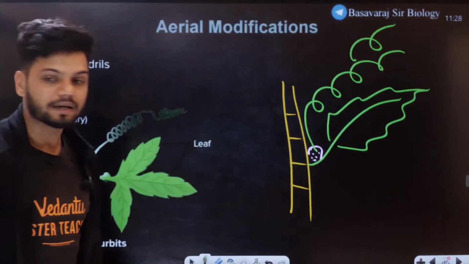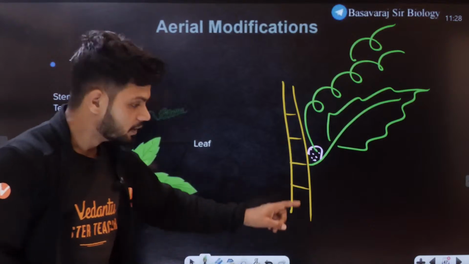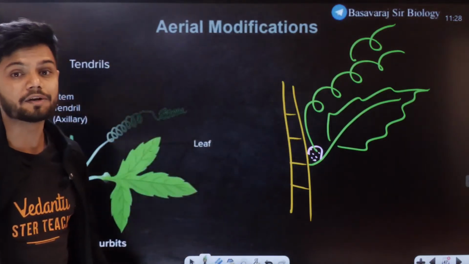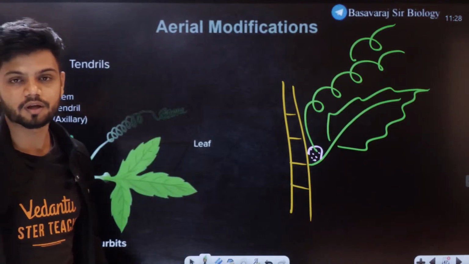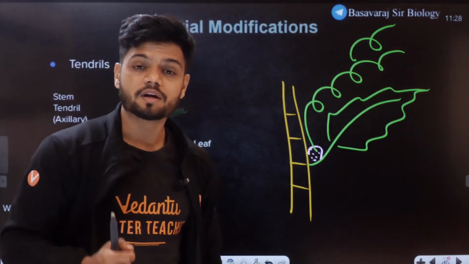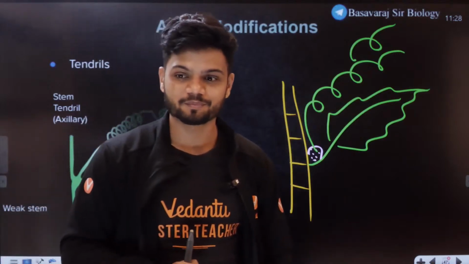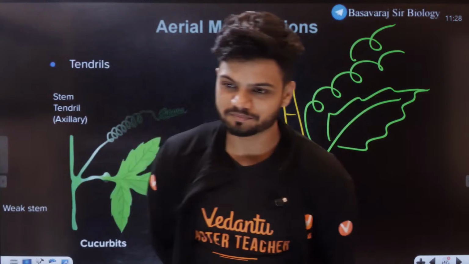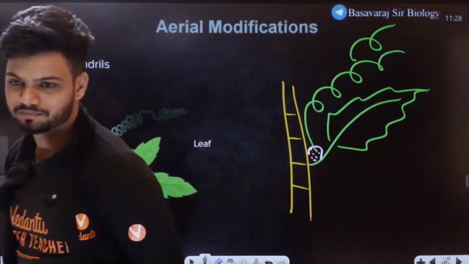It will develop into a tendril. You might have seen this in pumpkin, cucumber, grapevine. Clear?